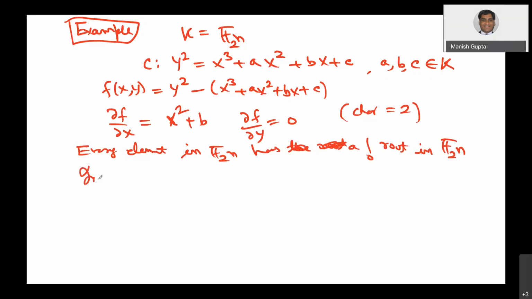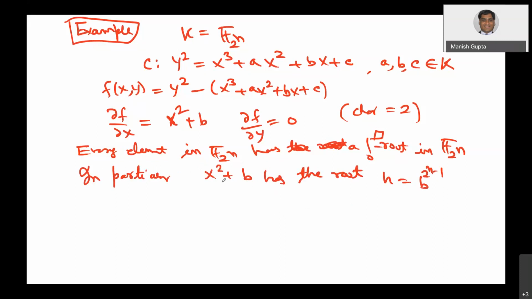In particular, a unique square root in F_{2^n}. So x square plus b has the root h equal to b raised to power 2 raised to power n minus 1, right?